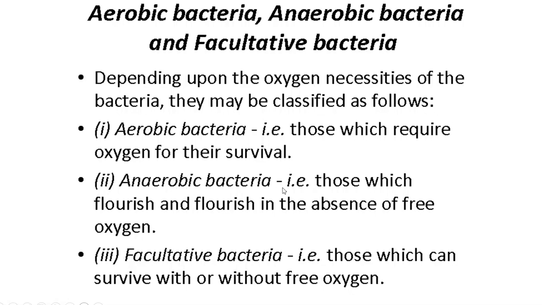Anaerobic bacteria are those which flourish in the absence of free oxygen. And the last type is facultative bacteria, those which can survive with or without free oxygen, meaning they can survive in both environments.